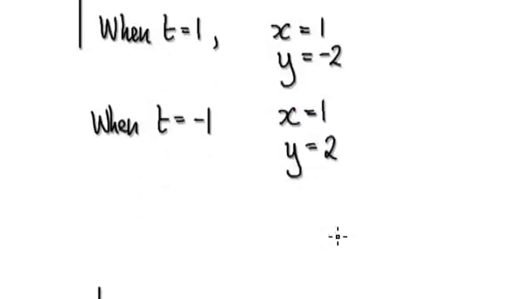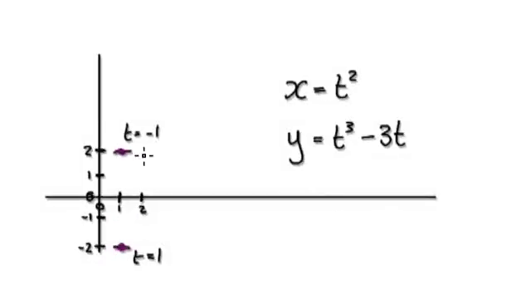So we know that when it's 1, 2, there exists a horizontal tangent. When time is at 1, we know that the location will be 1, negative 2. So we know the horizontal tangent exists at this location and at this time.